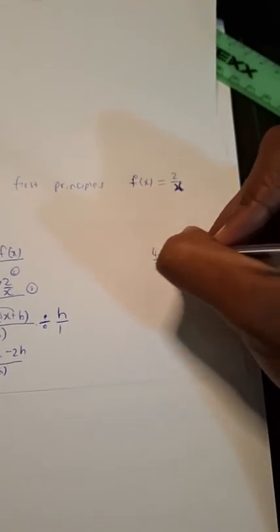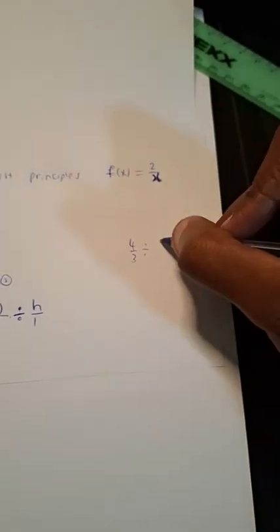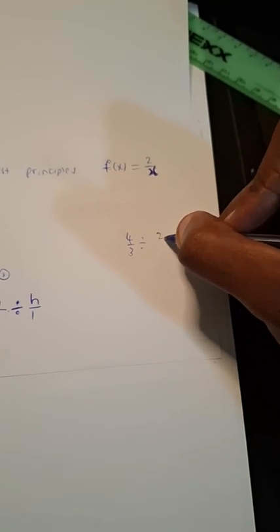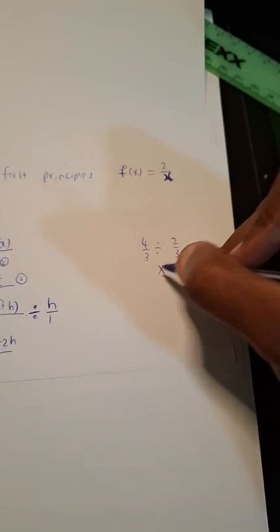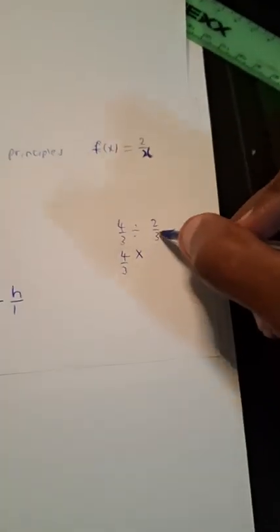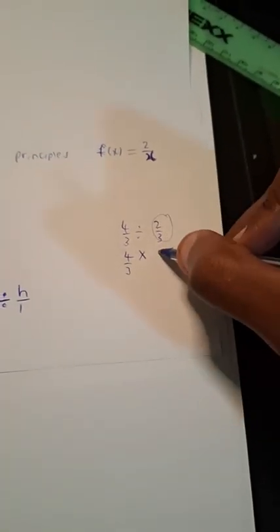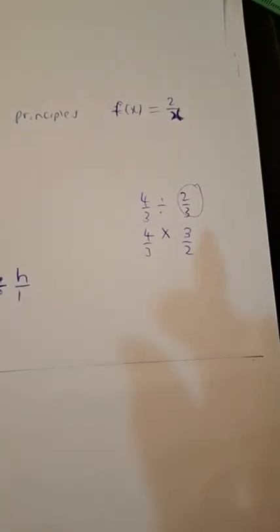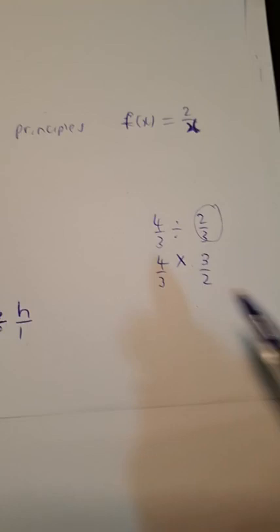You remember with fractions you would usually say if you have 4 over 3 divided by, let's say, 2 over 3. In fractions, we know that we can change the divide to multiply, and what happens to the second fraction? It inverts. So you write it as 3 over 2. Okay. Right, for those that are coming in, this is grade 12, guys.